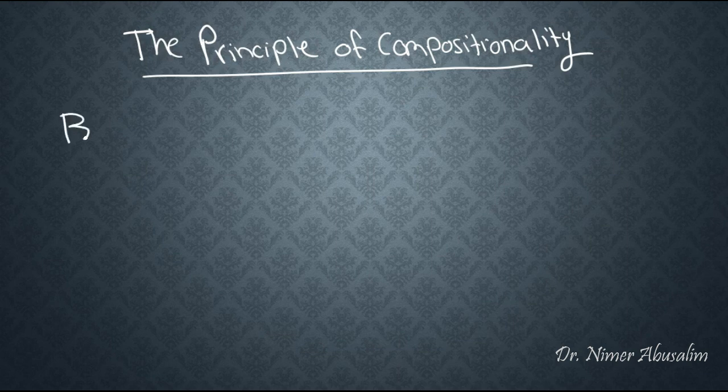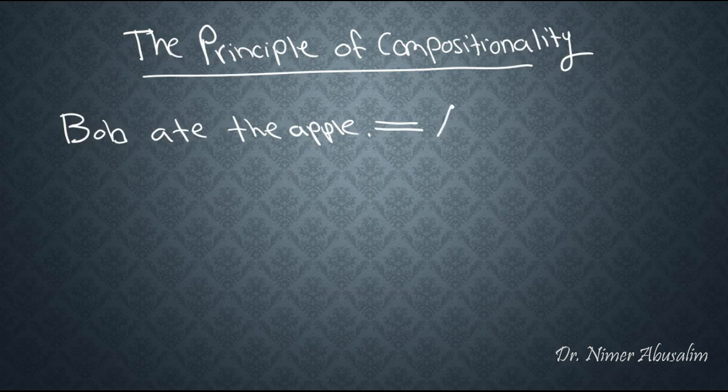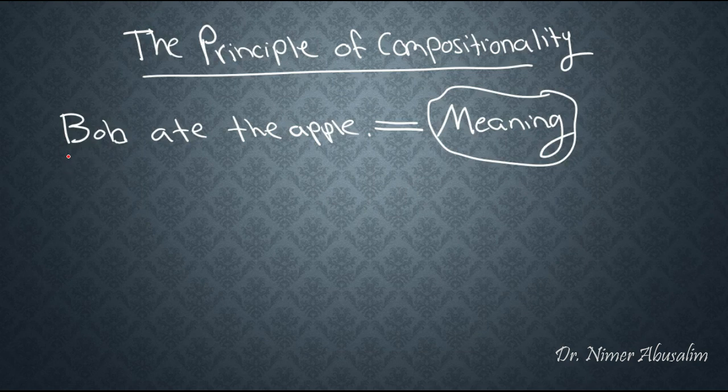When I say Bob ate the apple, this sentence surely has meaning that we understood. How did we arrive at this meaning? Well, we took the meaning of Bob, let's say this is called M1, and the meaning of ate, M2, and the meaning of the, M3, and the meaning of apple, M4, and now we not only want the individual meanings, but we want to see how they combine together.